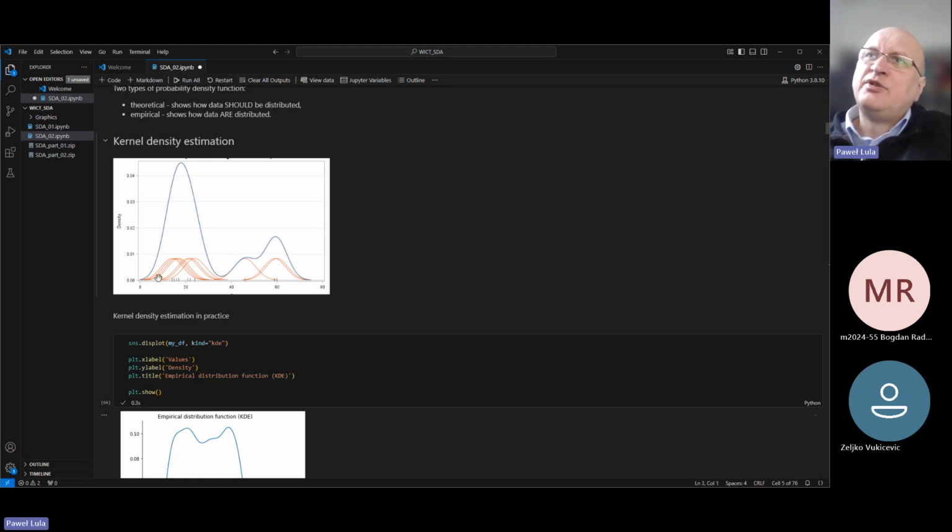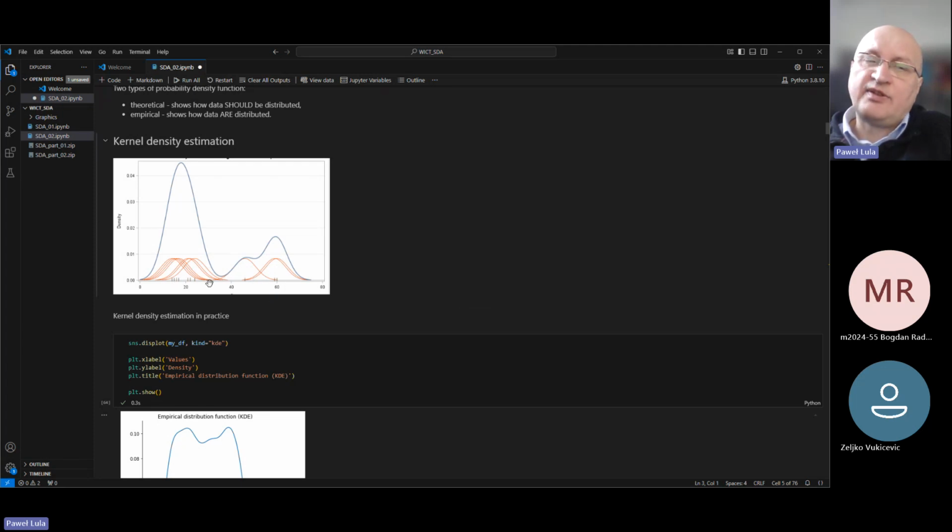On this picture, we have only some values, maybe from a range from 0 to 80. And these values which we have in our data set are represented by these small marks on the x-axis.